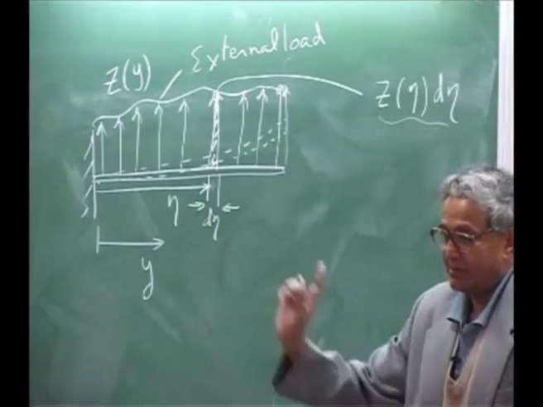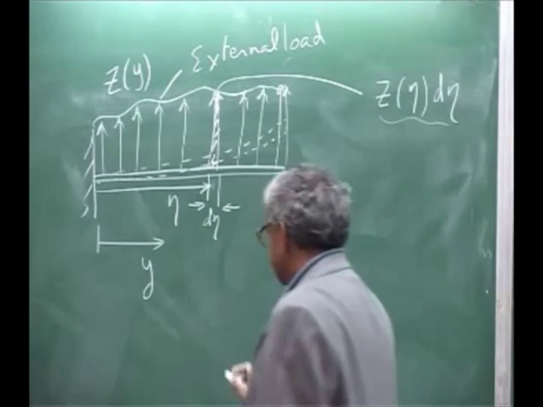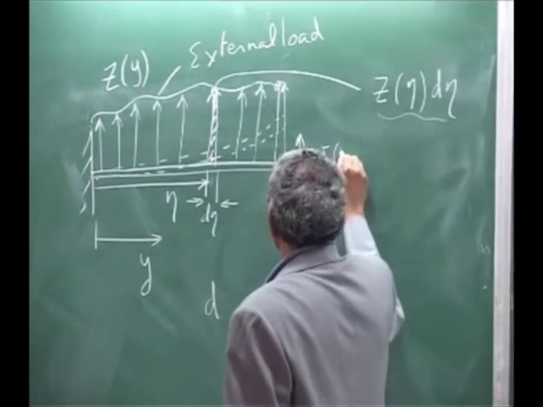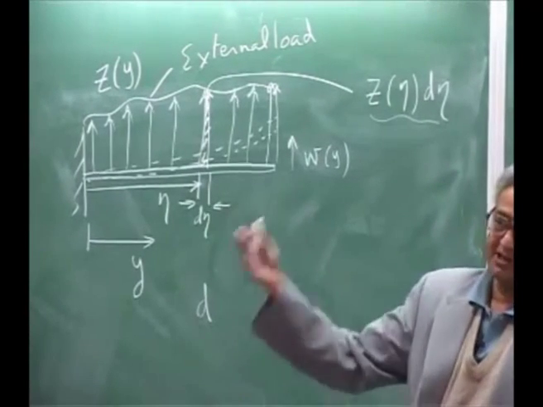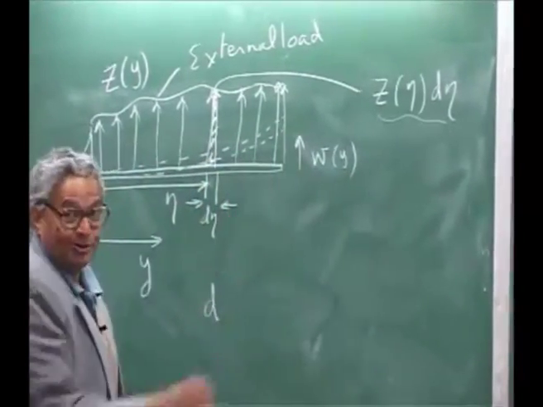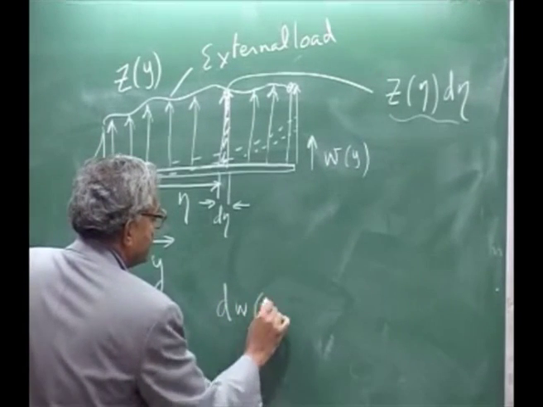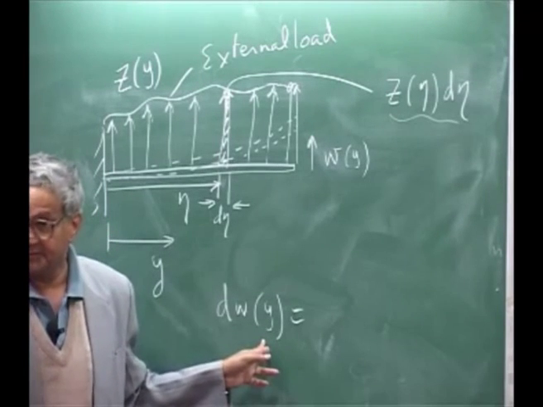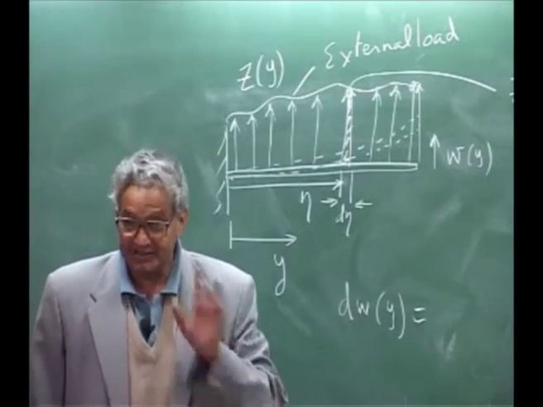Now the deflection at any other point due to only this load, I am taking deformation, this is w, which is a function of y. Okay, w is a function of y, that is a bending deformation. Now this is an elemental load. I will have dw, which is a function of y. y is the running variable, please understand, whereas this eta is fixed at this point.